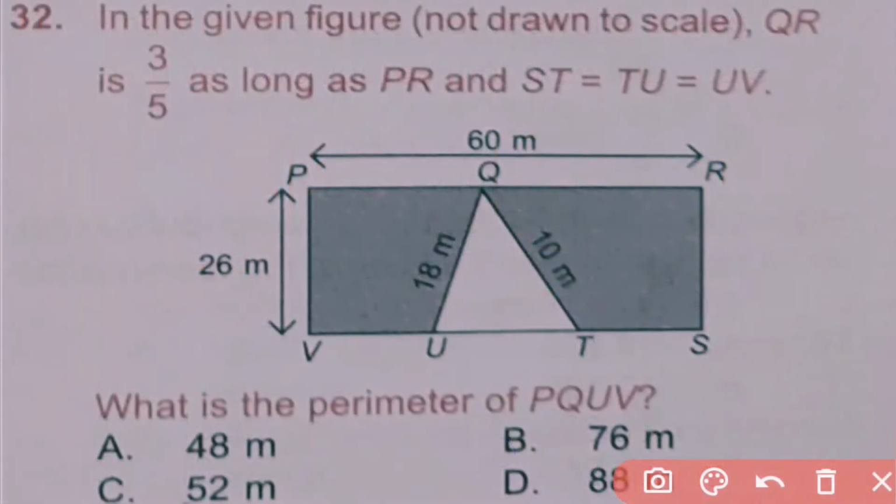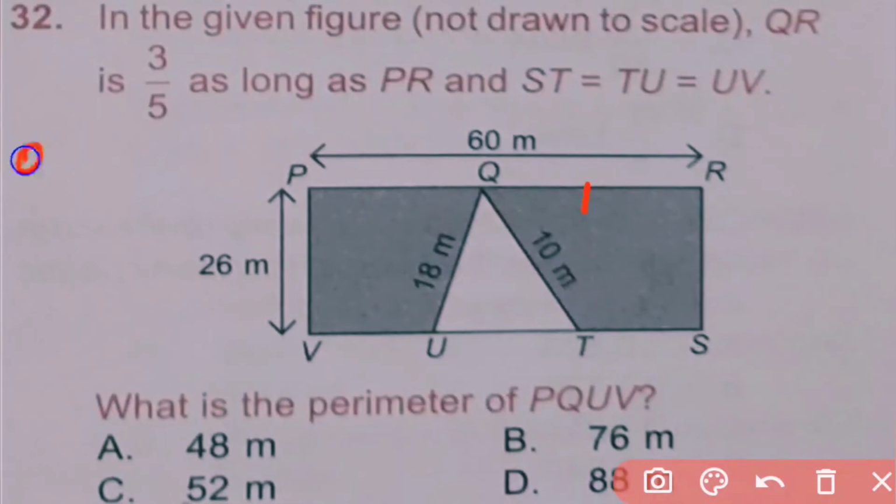Question number 32. In the given figure, QR is 3 by 5 as long as PR, and ST is equal to TU is equal to UV. So here given QR is 3 by 5 as long as PR. PR is 60.